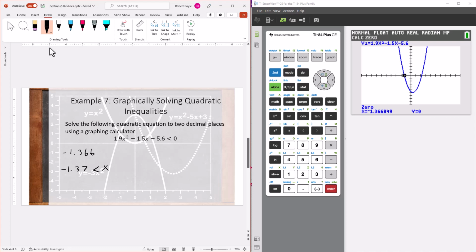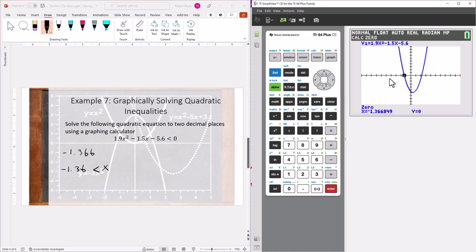And actually, technically, that is wrong. We should change that to 1.36. Why? Well, if this is 1.366, 1.37 is a little bit over here, which makes it greater than 0.